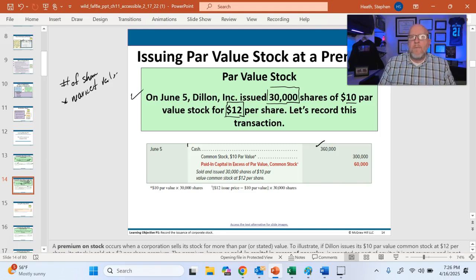Now I am going to put the amount in the par bucket. So the first category is going to be the common stock at par. And I'm going to put the number of shares, 30,000, times the par value of $10. So 300,000. Okay?